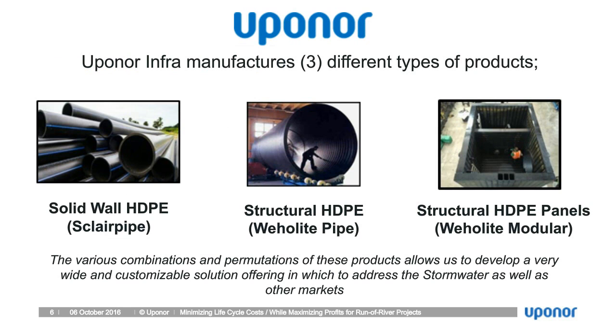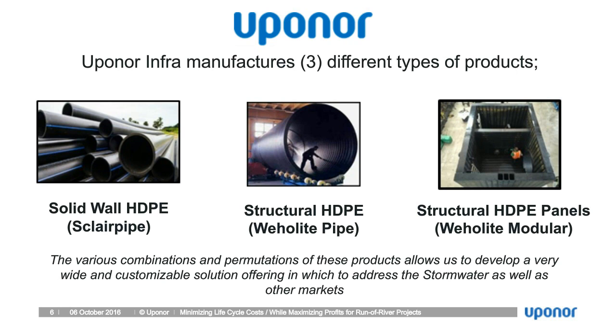So what do we do? Well, we are an HDPE manufacturer or polymer solution specialist, and we have three main product solutions that we produce: the solid wall HDPE or Sclairpipe as we define it for high pressure applications, structural HDPE, or we call this Weholite pipe, for low pressure high volume applications.